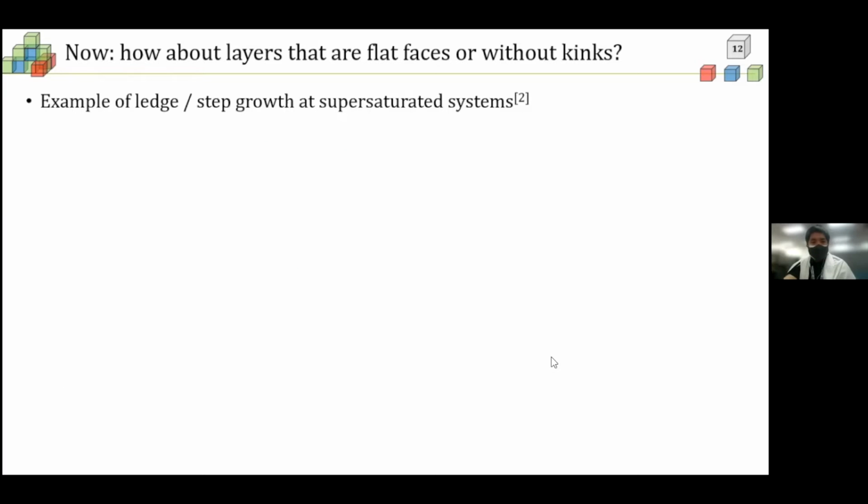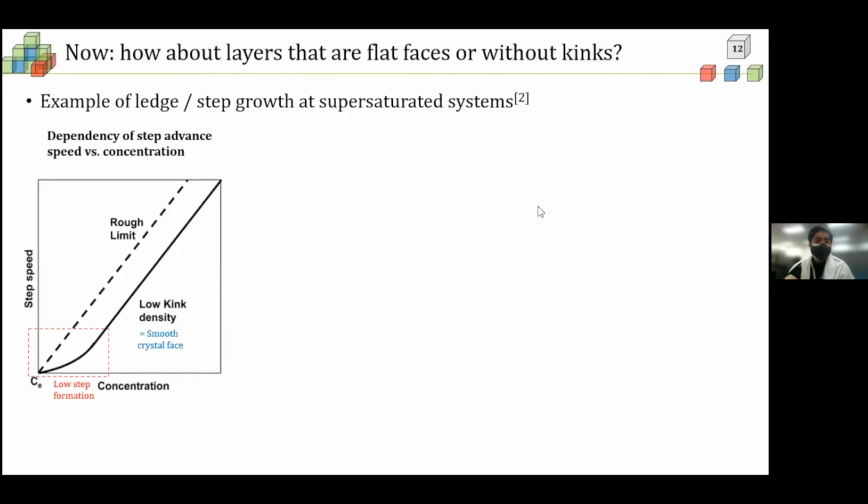Okay, so there are some examples of this ledge and step growth in supersaturated systems that I collected from other studies. For example, here on the left side would be the dependency of the step advance versus the concentration. Similarly, if you look at the broken dashed line there, if the crystal is initially rough already, then the step speed, or rather the rate of growth, is proportional to the concentration.